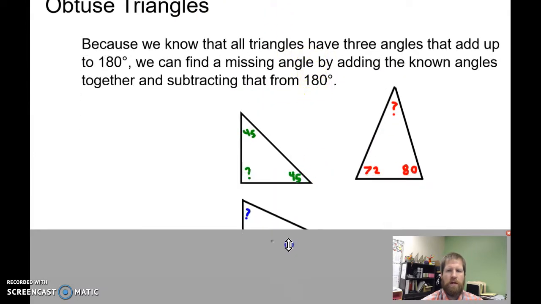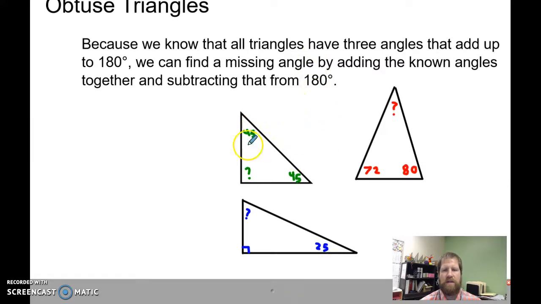All right, concept one, finding angles in acute, right or obtuse triangles. We're going to use our theorem that states that we have 180 degrees between the three angles inside of each of our triangles. And we're just going to say, okay, if I have 180 degrees in here, then 45 plus 45 plus, in this case, question mark, should equal 180.